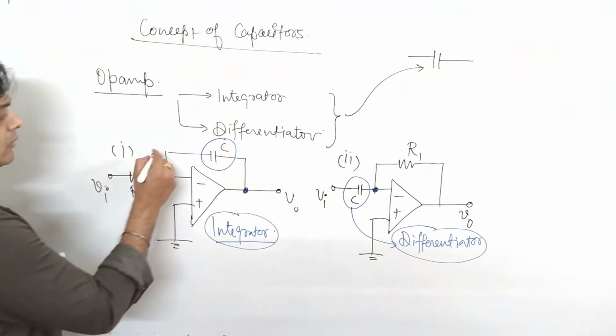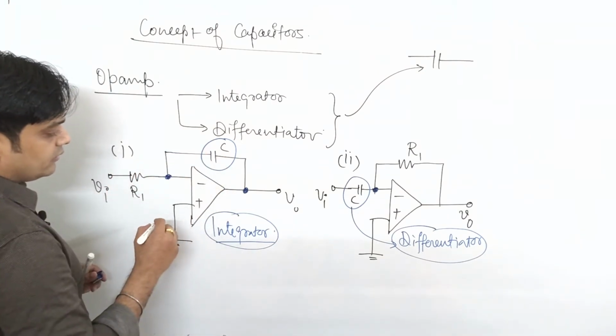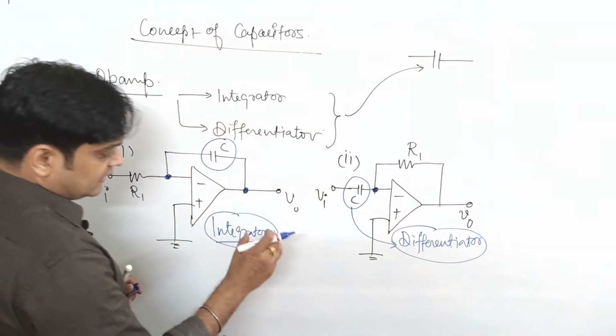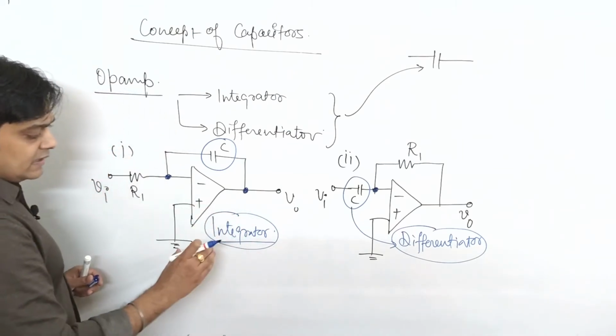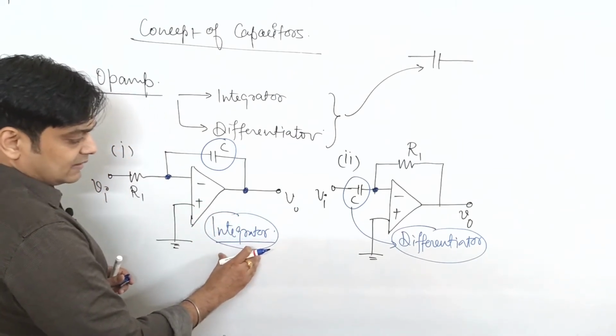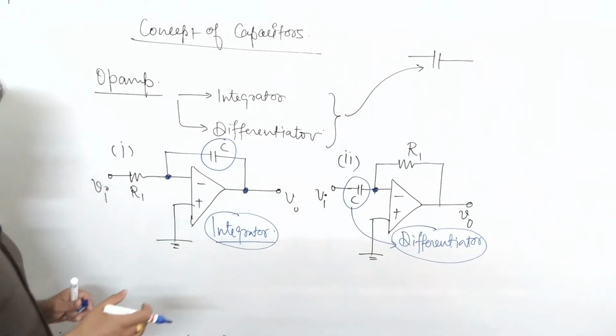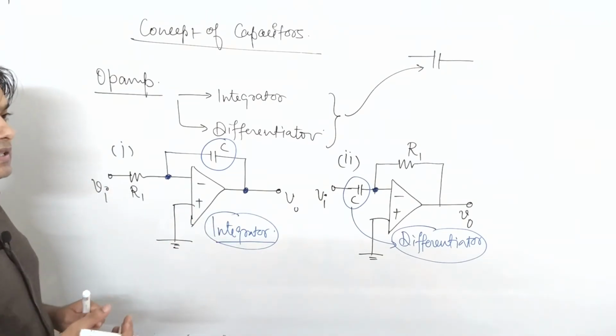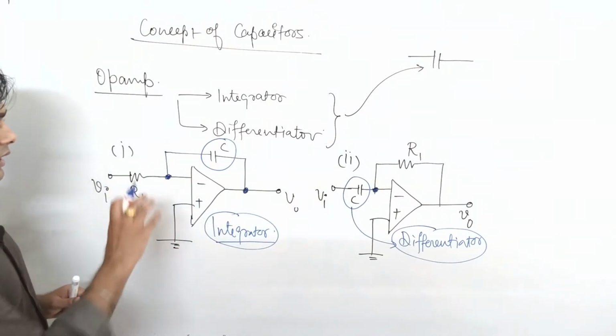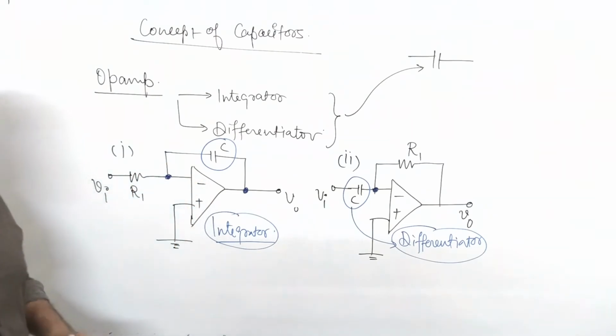Generally, in this type of configuration, the application of the integrator is maximum in any type of subjects like your EDC, ADC, anywhere. Why? Because this integrator is basically your low pass filter. It behaves like a low pass filter, and there is a large application of low pass filters.